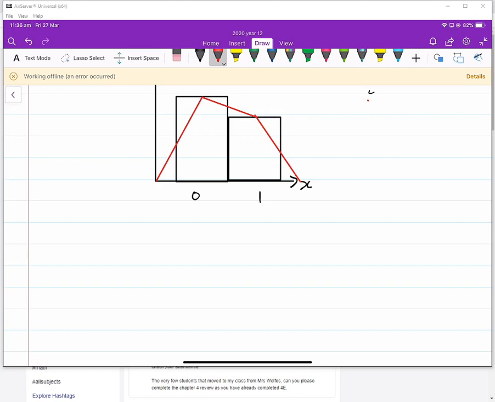Firstly, let's have a look at our mean, for which we've seen 2 symbols: mu for the population mean, or x bar for the sample mean.